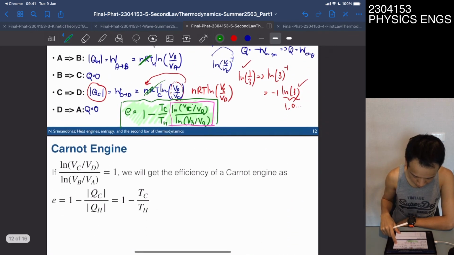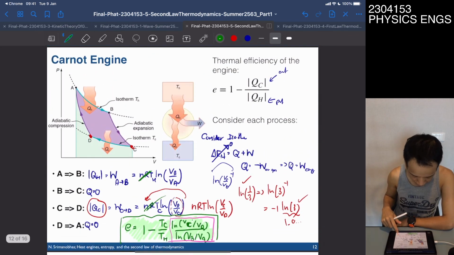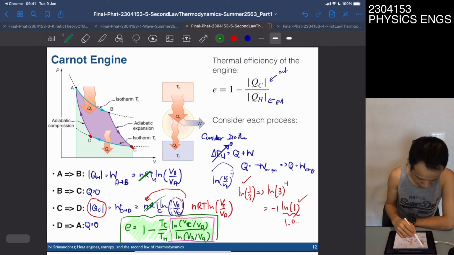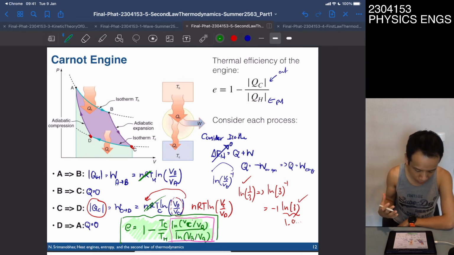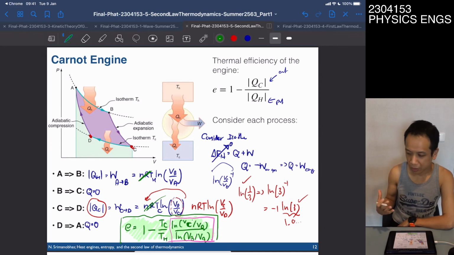We can go back a bit and you can see that we already used the relation of the work done in the isotherm. We still have another key point, which is the adiabatics. So let's start to think about the adiabatic process.